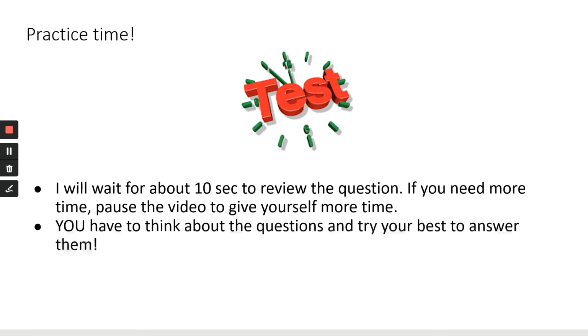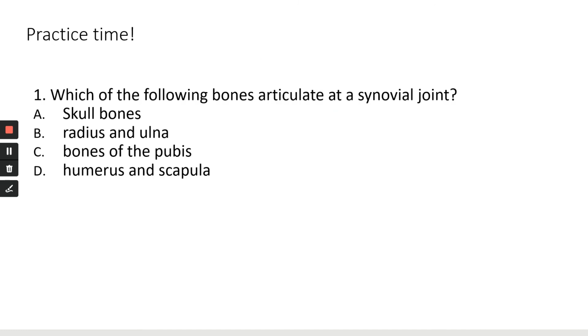All right, now let's practice with some questions. Number 1. Okay, so skull bones, remember the sutures, it's which one? Fibrous, right? Fibrous joint. Radius ulna, that's also fibrous.